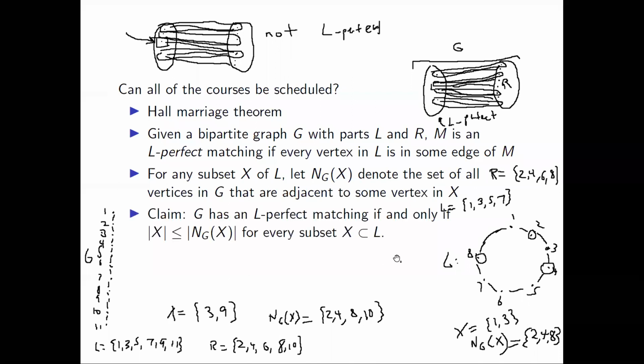So here's the claim of Hall's marriage theorem. The claim is that the graph G, and just to emphasize, this is a bipartite graph. So bipartite graph G. So this whole slide, we're assuming it's bipartite all the way from that second bullet.